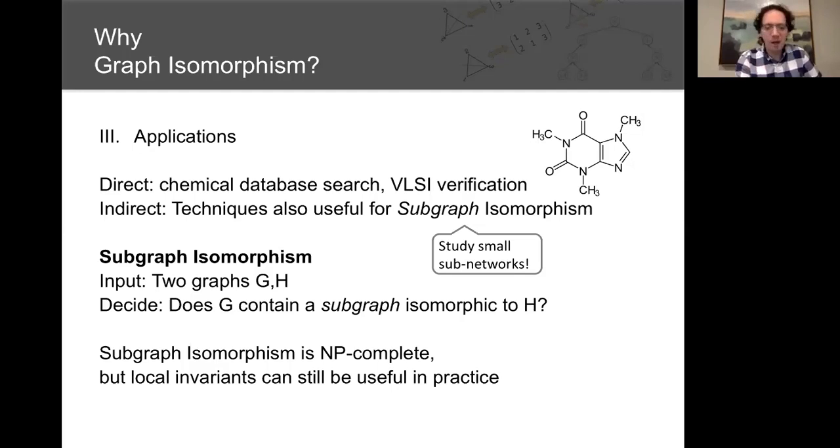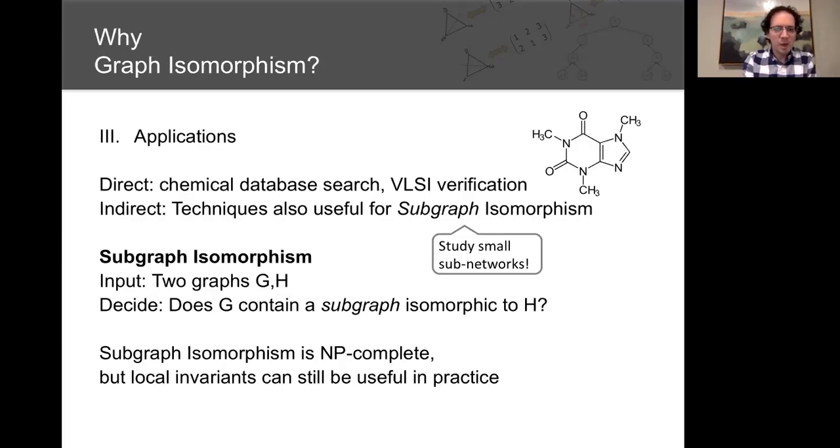Or how many copies of H does G have? This problem turns out to be NP complete. And yet the techniques that we use for graph isomorphism, like local invariants, can still be used for this problem in practice, even though in the worst case, all the known algorithms are still exponential time.